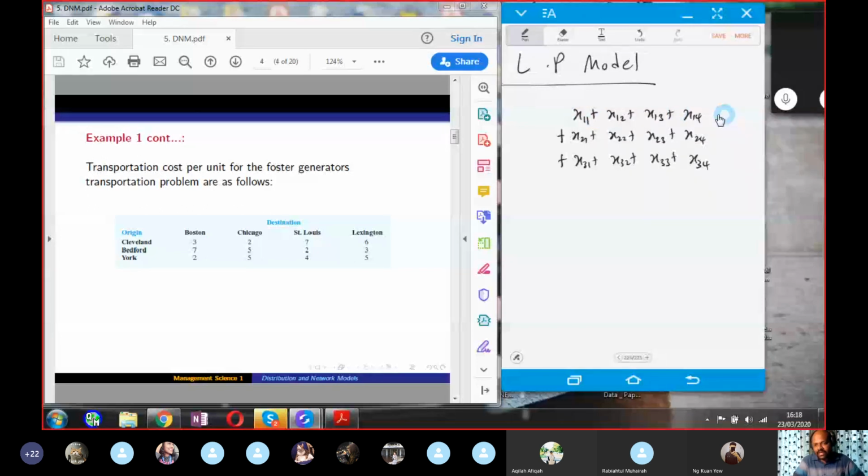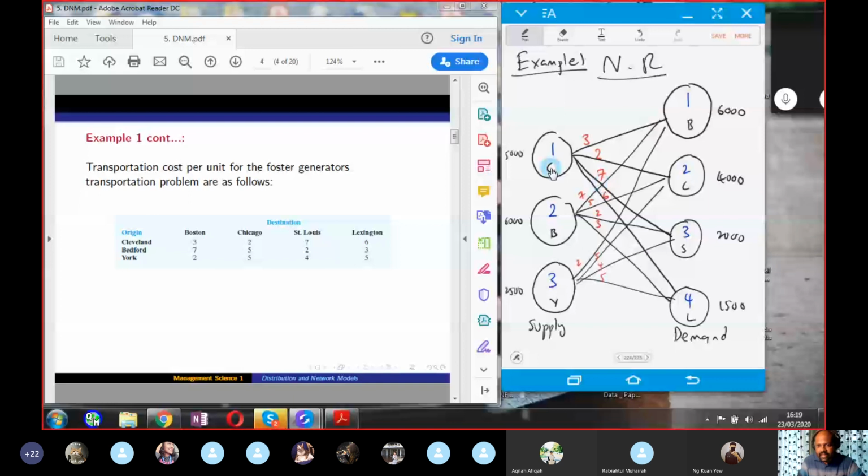But what is our aim? Our objective function is actually to minimize the cost. Our Z is minimize the cost. So these are the quantities. Now you insert the cost for each of them. The cost of 1 unit from Cleveland to Bedford is $3. How much you move, what is the quantity?